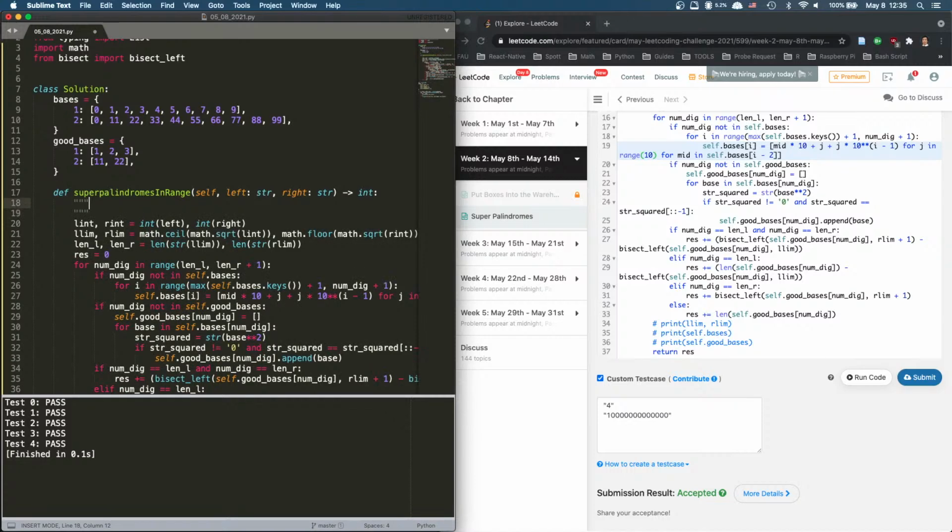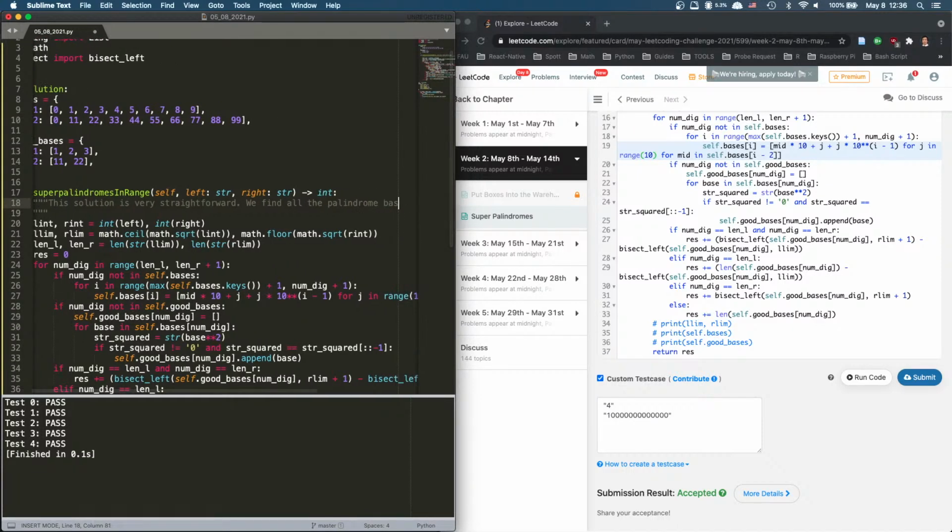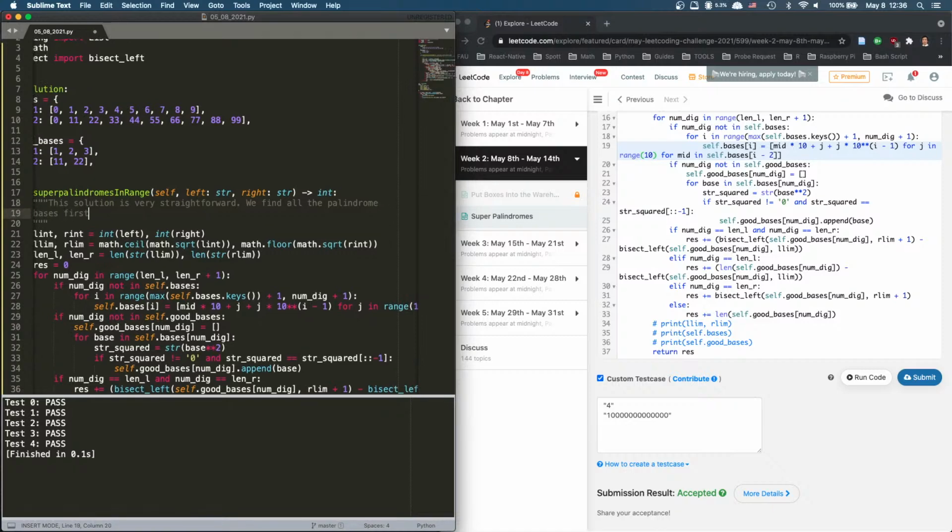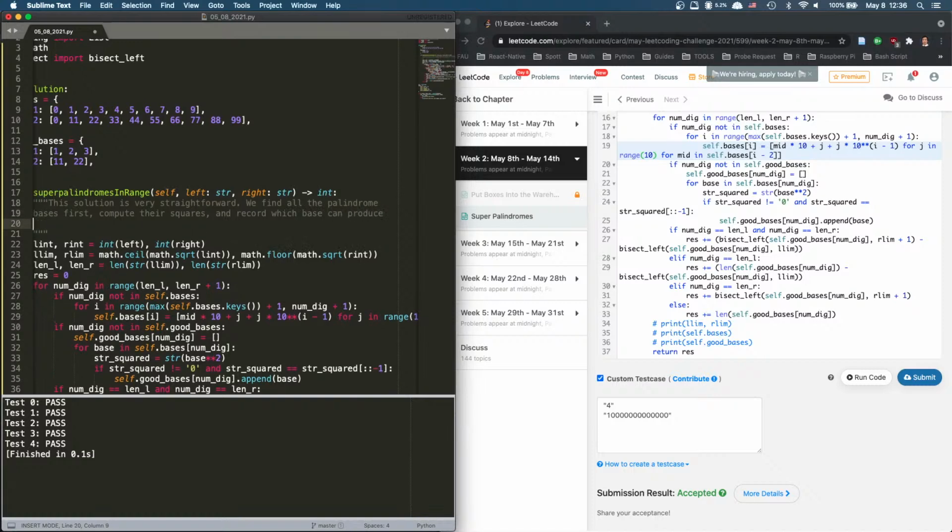I mean, okay. This solution is very straightforward. We find the base. We find all the palindrome bases first, compute their squares, and record which base can produce a super palindrome.